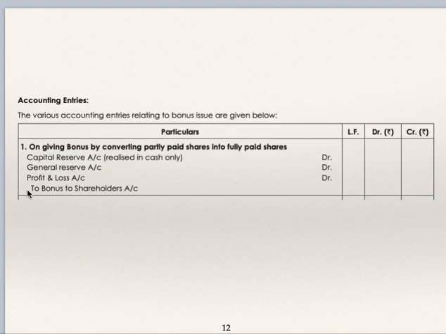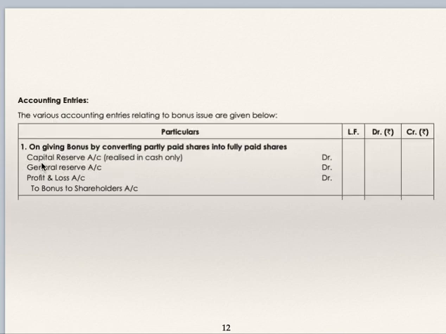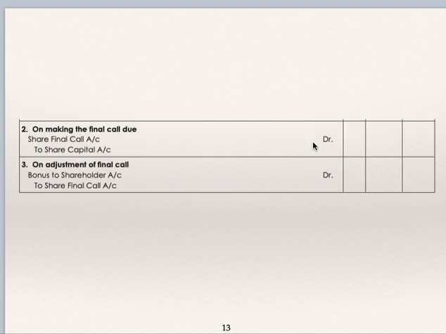In the earlier entry you are crediting bonus to shareholders, now you are debiting bonus to shareholders. So the net effect of the entry is accumulated profits, that is capital reserve, general reserve, profit and loss account, capital reserve of course if it is received in cash only, debit to share capital. That is the net effect of the entry.